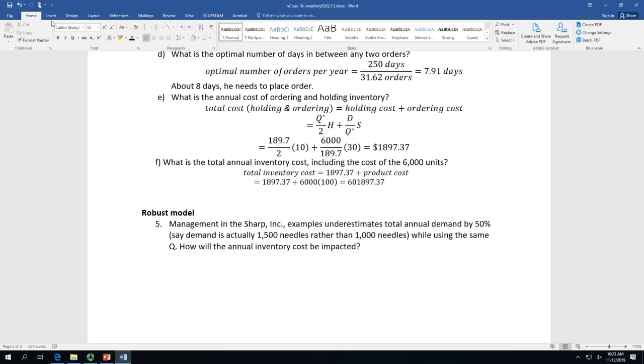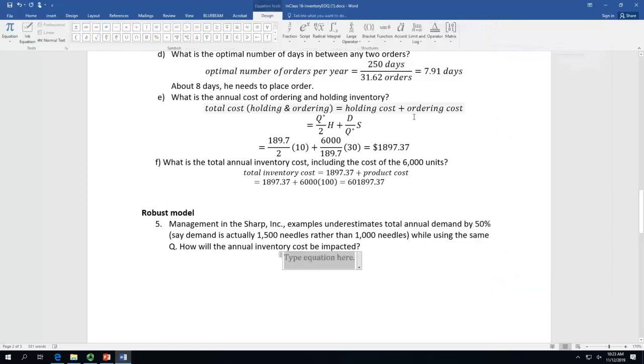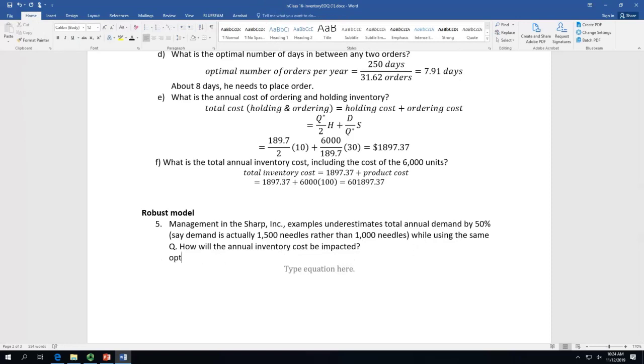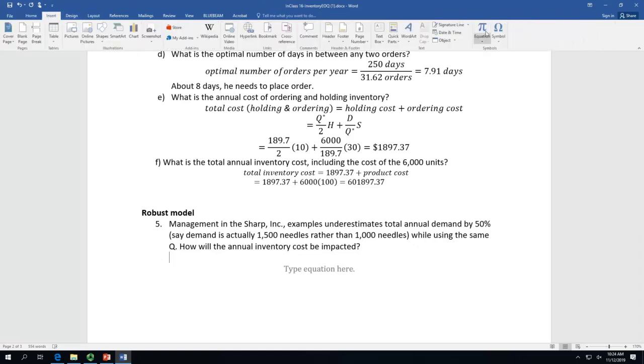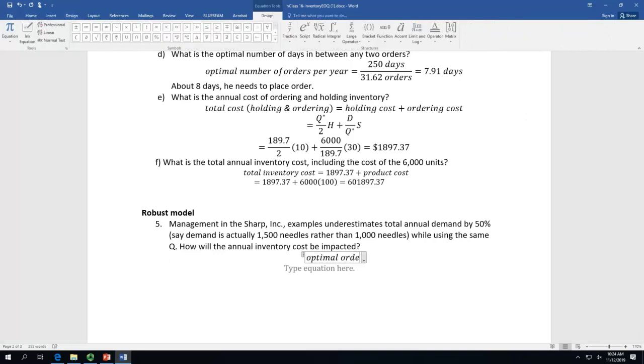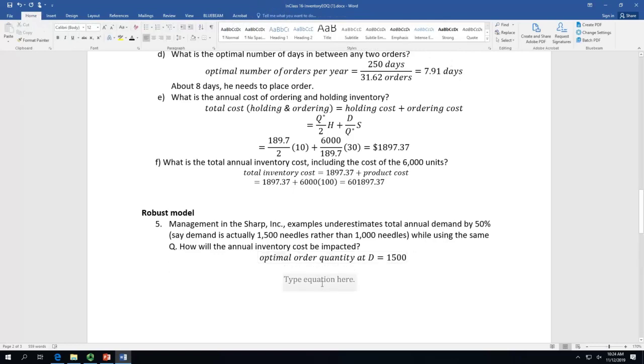Let's insert the equation and calculate the Q star, the optimal order quantity at D equals 1500.